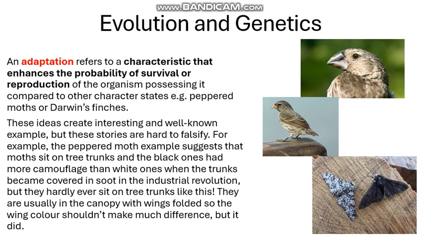Just quickly, another example of an adaptation that Darwin would have observed were the beaks of the finches on the Galapagos Islands. The top finch has a short and wide beak for crushing nuts and seeds, while this other finch has a longer and narrower beak for probably eating insects.